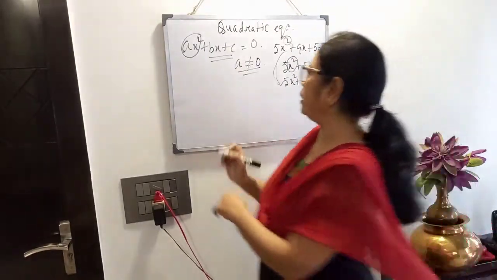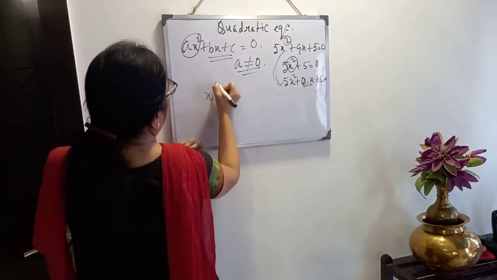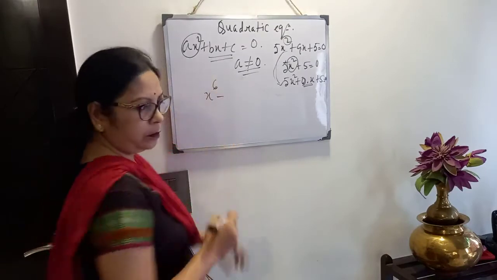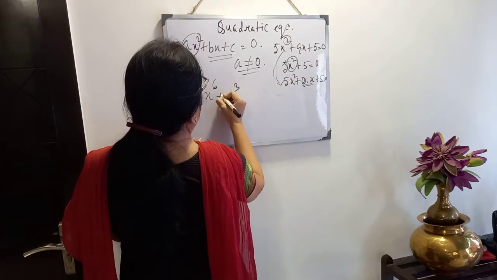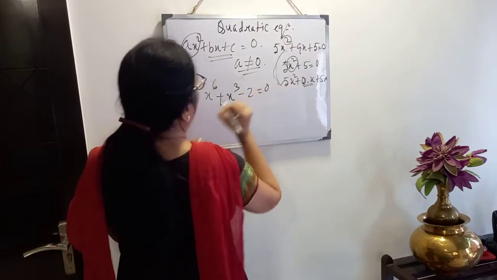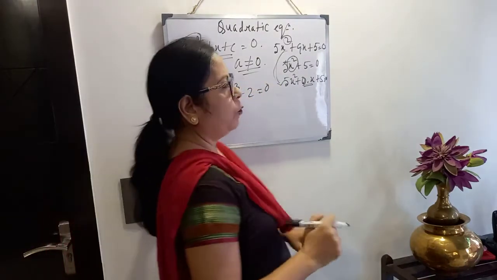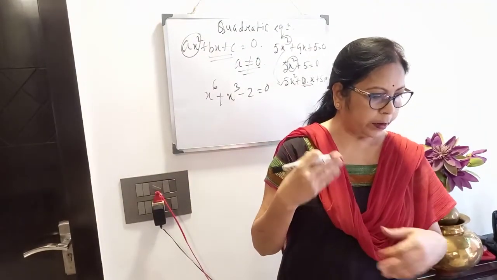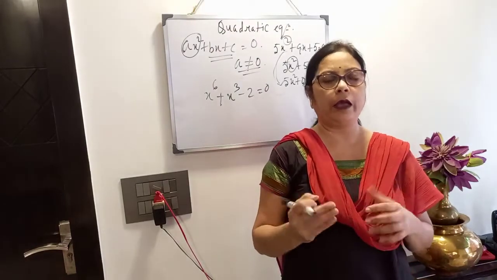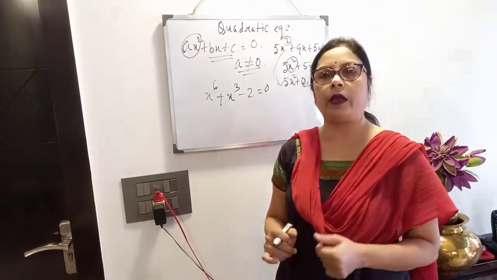Okay, now I am writing one equation: x to the power 6 plus x cube minus 2 equals 0. Now the question is, with respect to which term will the equation be a quadratic equation?